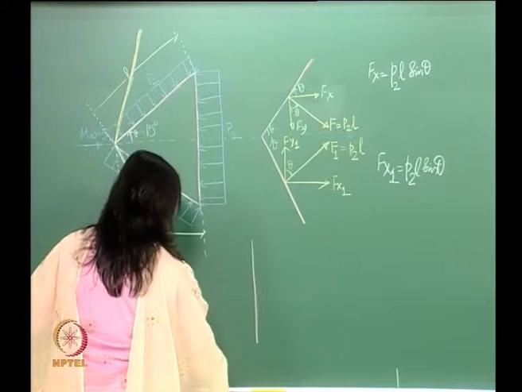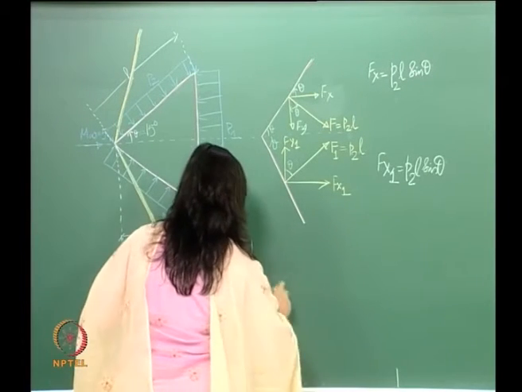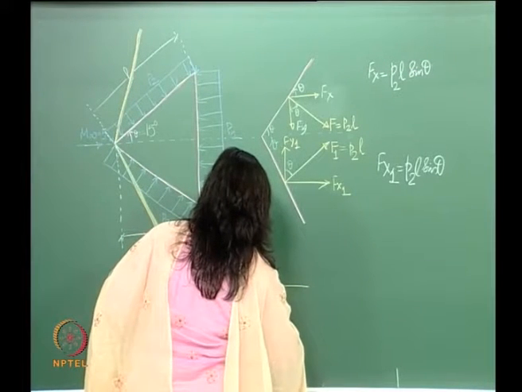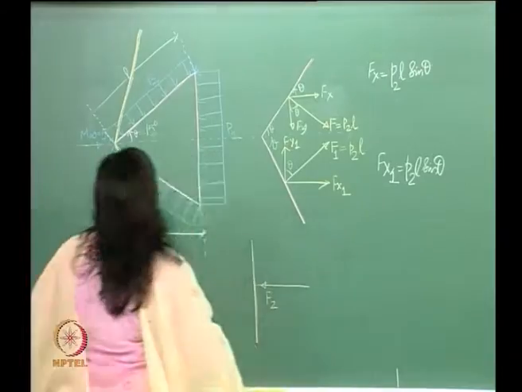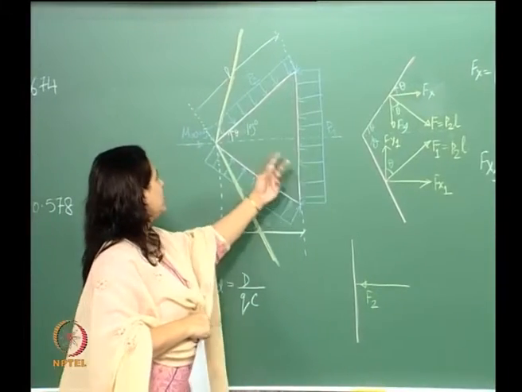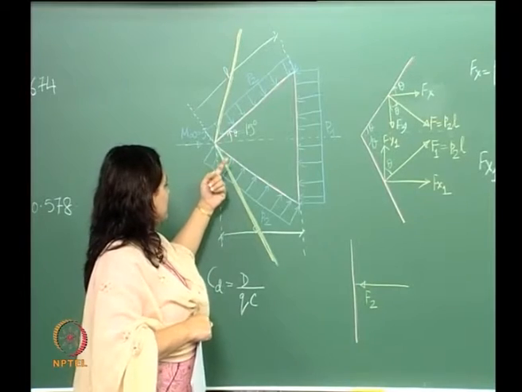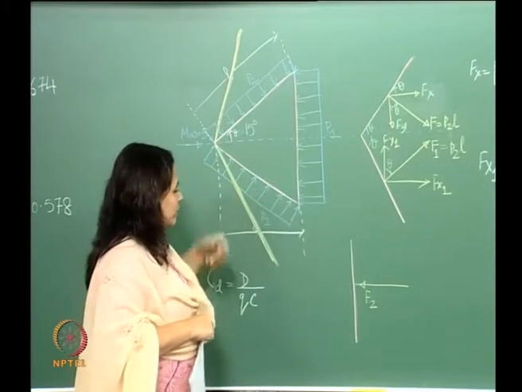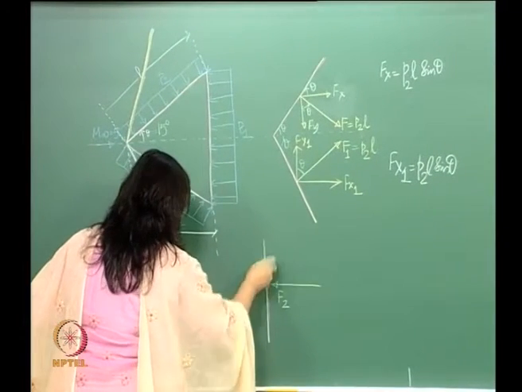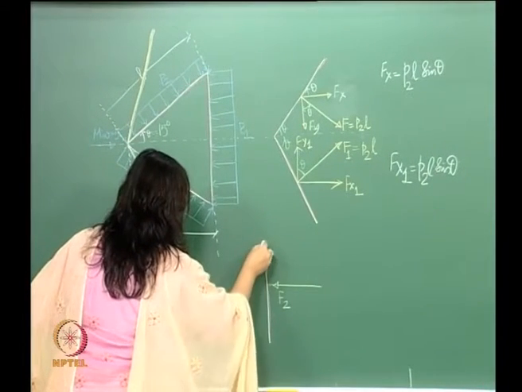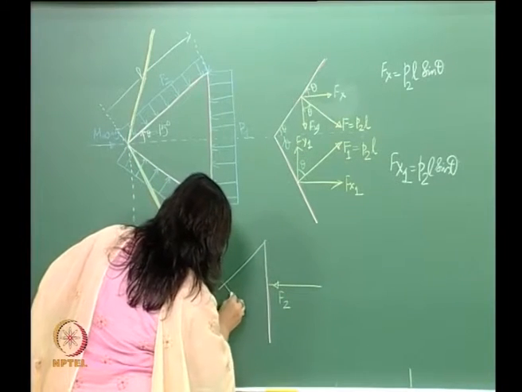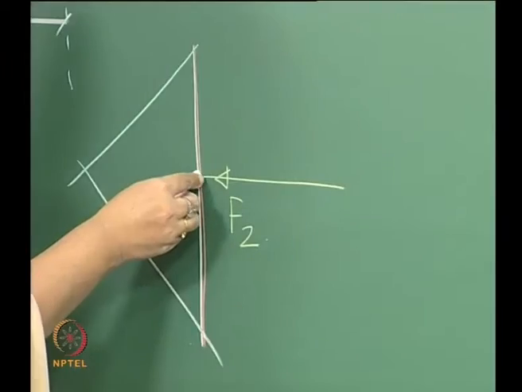Here of course there is no clear pangs, so let me call this F2. Now this is a side whose length is not known to us, unlike L and L over here. So we need to find that out, but that's where we will use this. So this is essentially that.